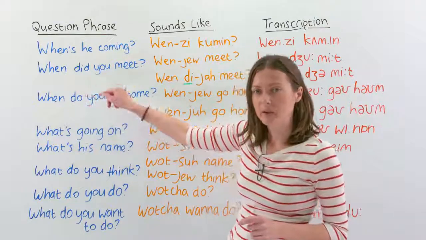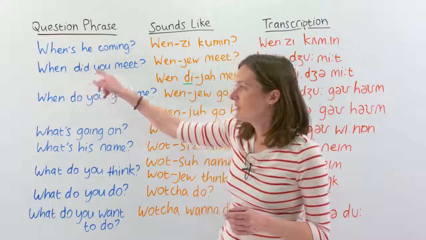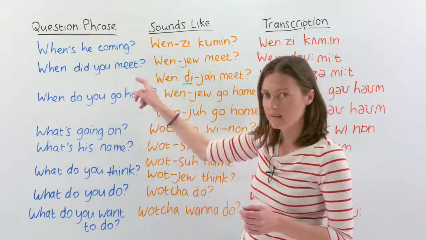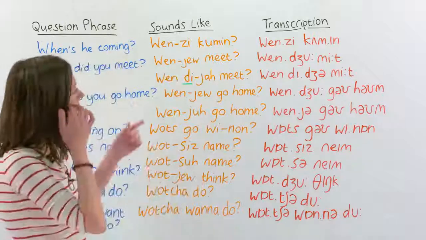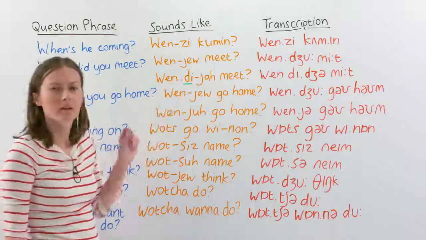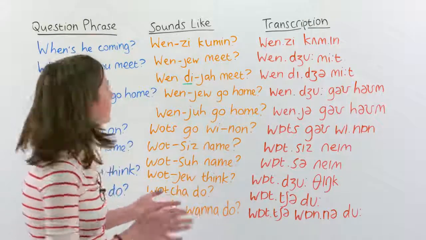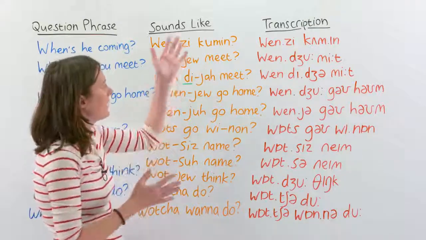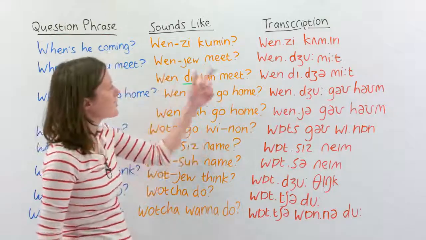When did you meet? Beginner. When did you meet? But that doesn't sound very natural. So instead we say, when'd you meet? What's changed here is where's the D for did gone? When'd you meet?